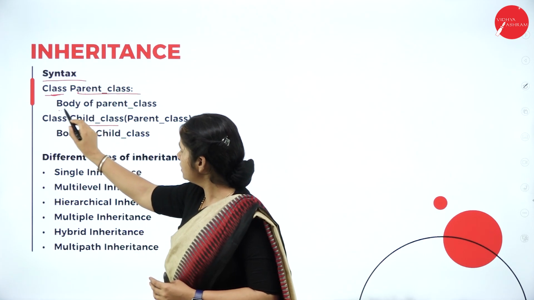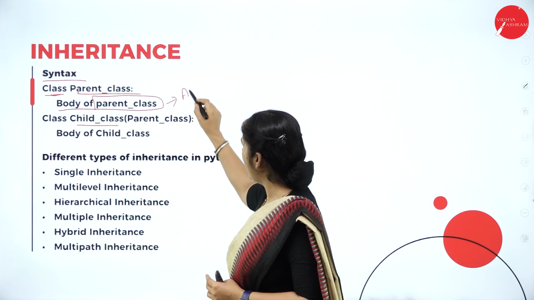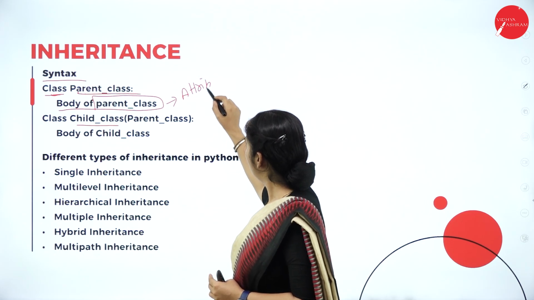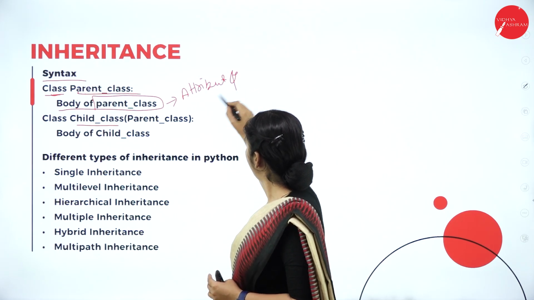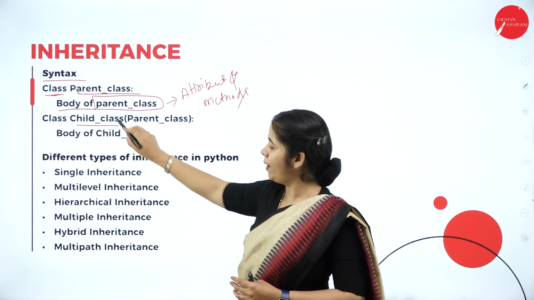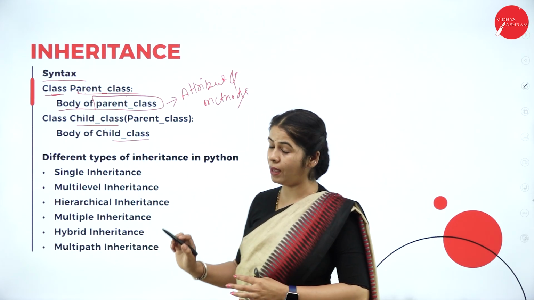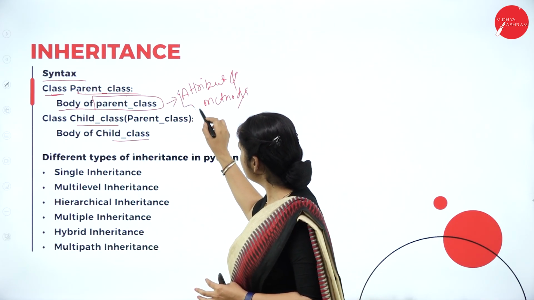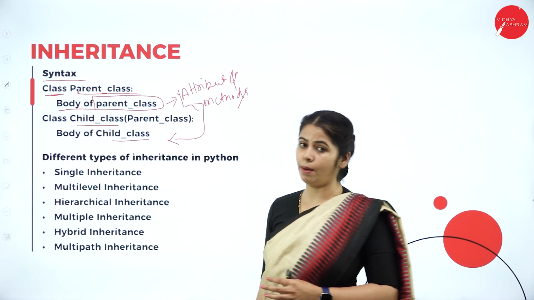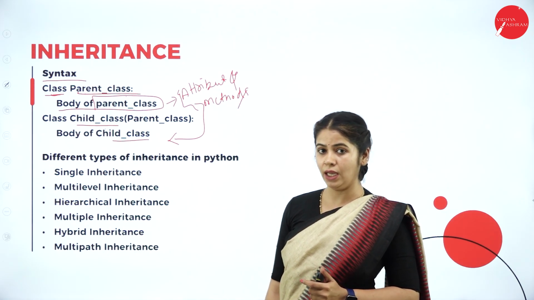In the body of the parent class, what will we have? We'll have its attributes and methods. So the parent class has its own attributes and methods, and the child class has its own attributes and methods, along with the attributes and methods which are inherited from the parent class. This is the syntax for creating inheritance.